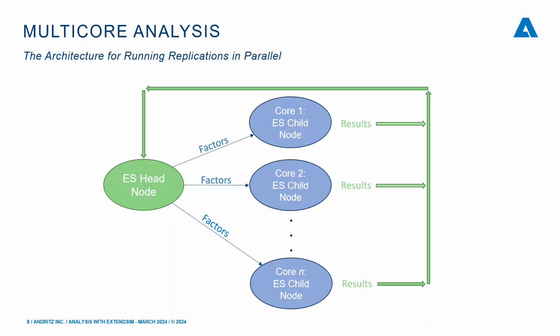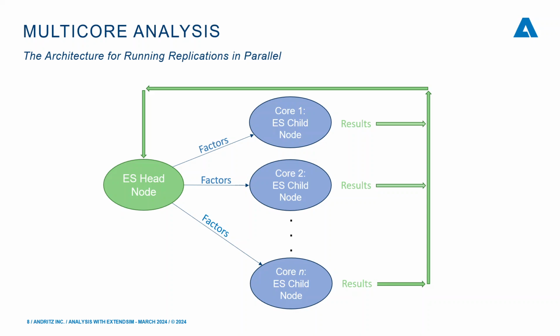From the head node, open the multi-core analysis dialog, select the number of instances and runs, and then click the Run Multi-Core Analysis button. At this point, the head node uses the factor values defined in the analysis database to update the model and save it. Then copies of the model are made, 1 copy for each child node.